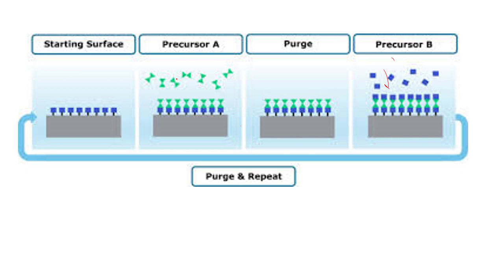Then after some time, we remove all the precursor A. Then we flow precursor B. Precursor B will react with the molecules of precursor A that are adsorbed on the surface, so it will form a monolayer of film. Then we remove precursor B completely and repeat the process again. This is how we grow the layers. So what we do here is add one atomic layer over the other.